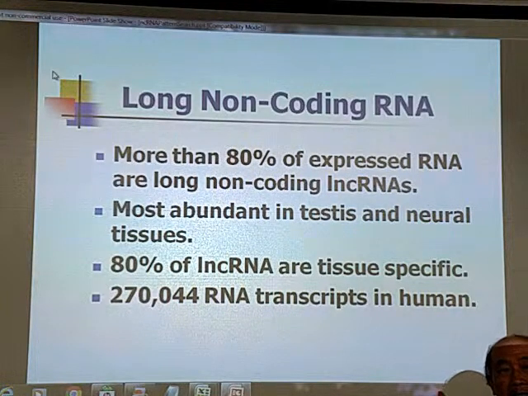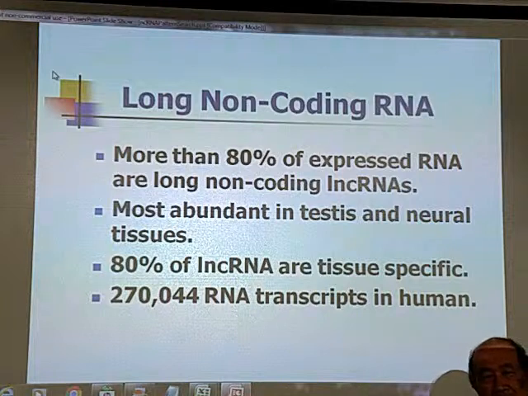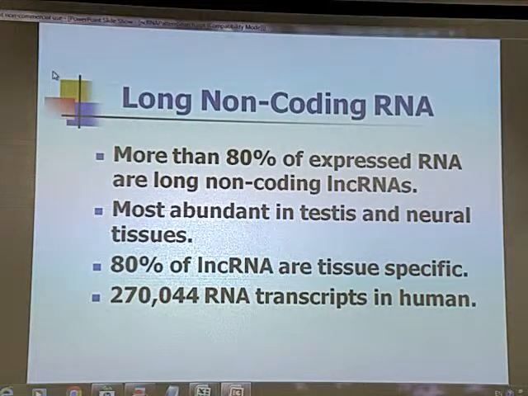People studied different cells. They break up the cell, and they can extract lots of RNA from the tissues. And 80% of the RNA they found in the laboratory are non-coding RNAs.